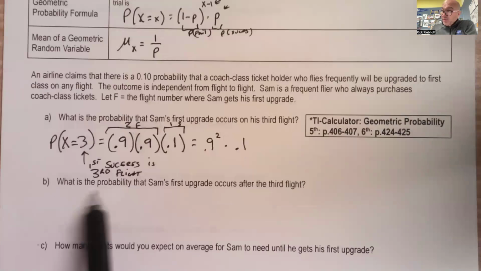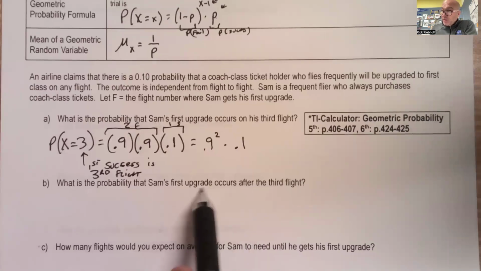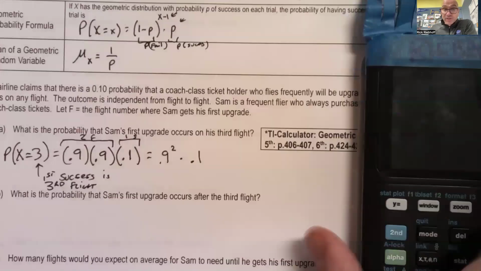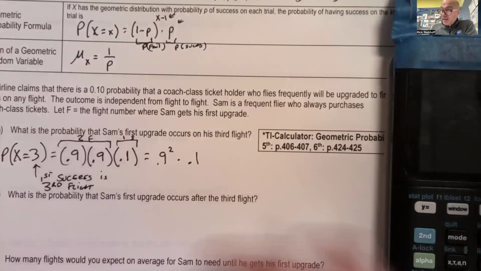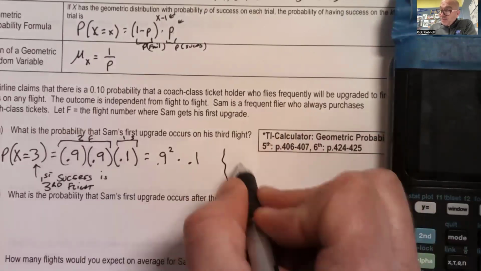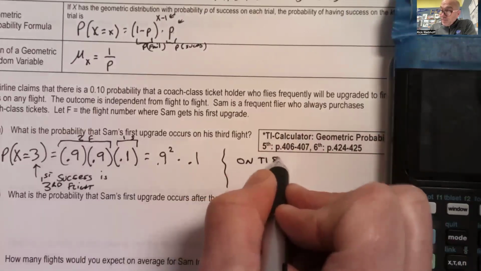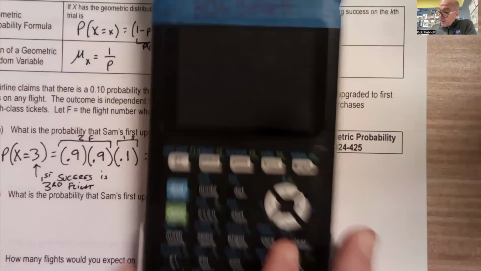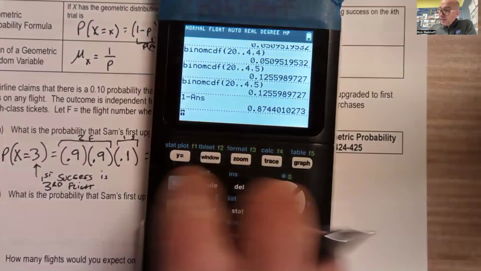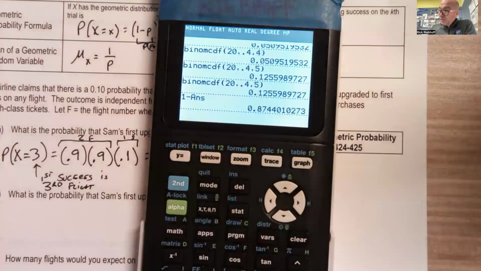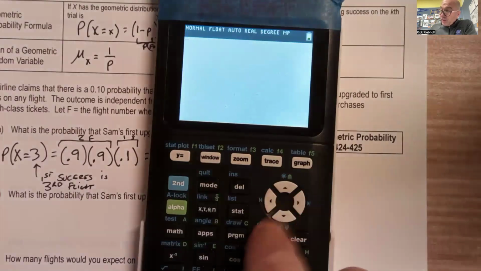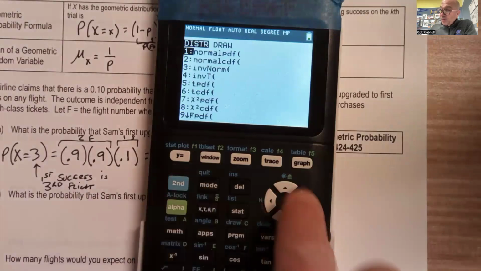What is the probability that Sam's first upgrade occurs on his third flight? Oh, well, let me show you something. I forgot to show you the calculator way. We don't always want to do this, right? Because that can take a lot. So on the calculator, we're going to go in, same place we've gone before. We're going to go to second vars or distributions.